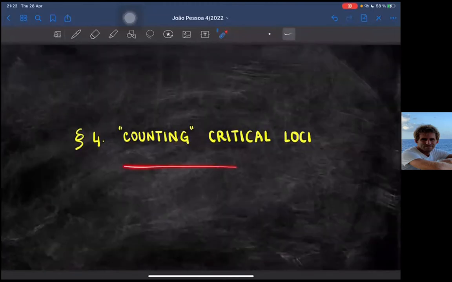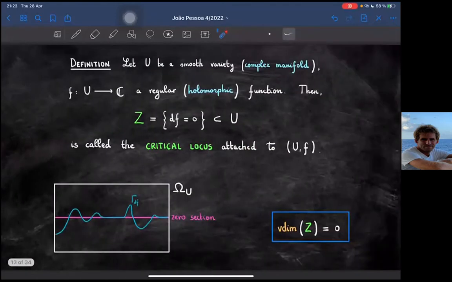So counting critical loci, this is the next chapter. So what's a critical locus? So say you have, it depends on your favorite category. You can work with smooth algebraic varieties or complex manifolds. So in the first case, you look at a regular function, or in the latter case, you look at a holomorphic function on them.